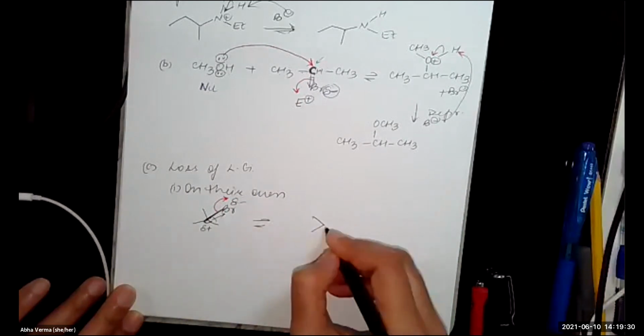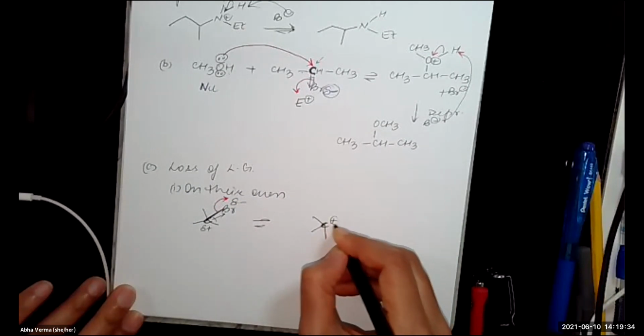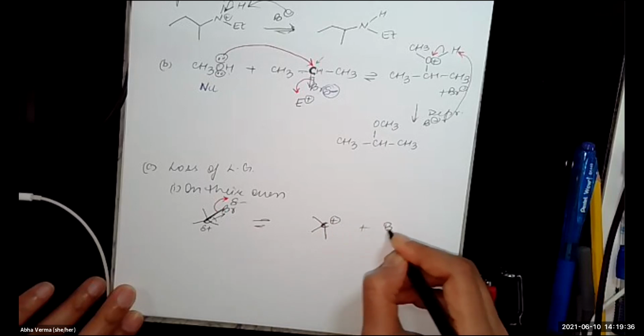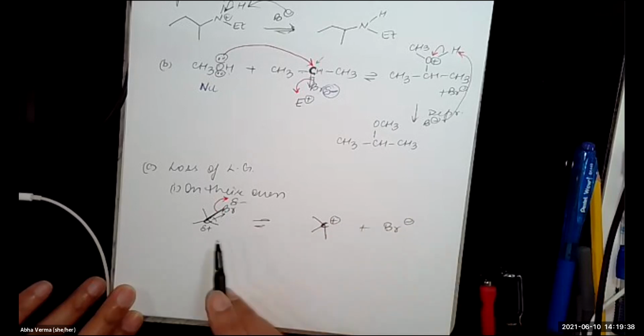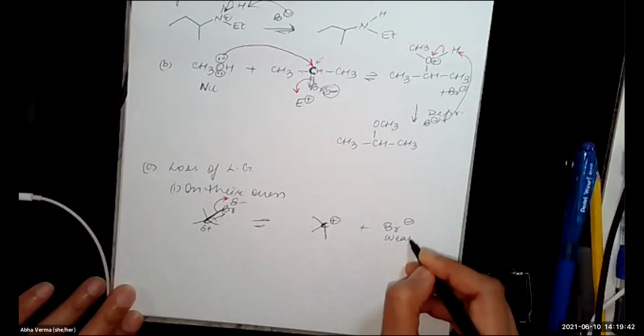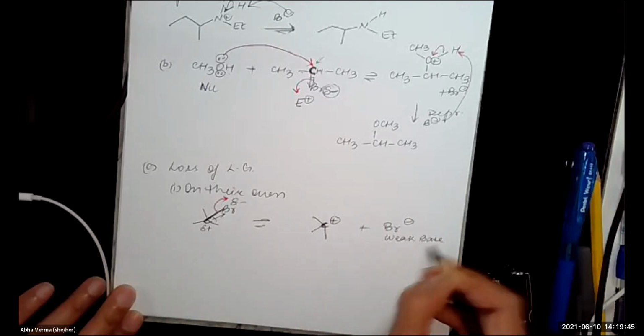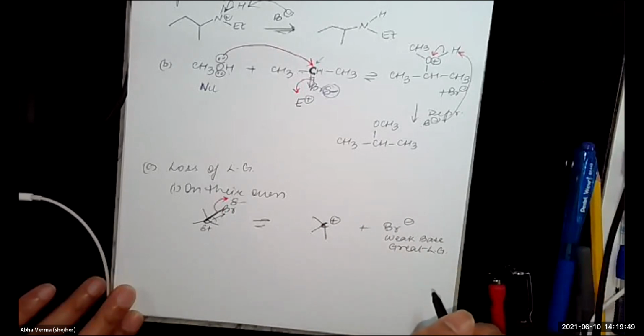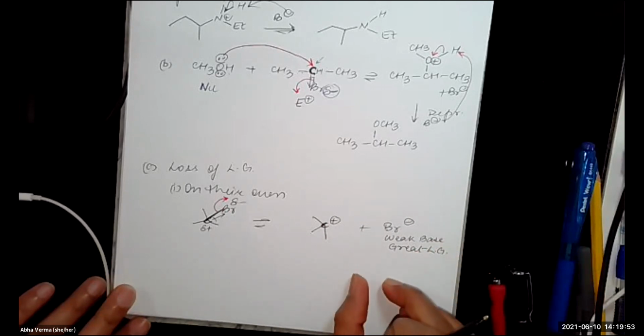So what is left behind? This carbon with a positive charge plus a bromide. So when we look at this equation, this is a weak base and hence a great leaving group. Okay, so it could be just an atom or a group of atoms also.